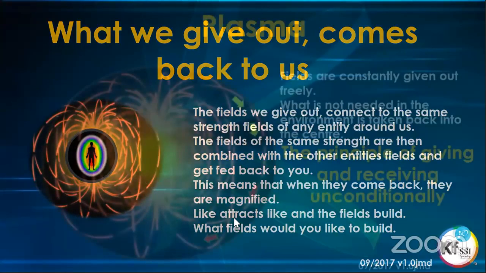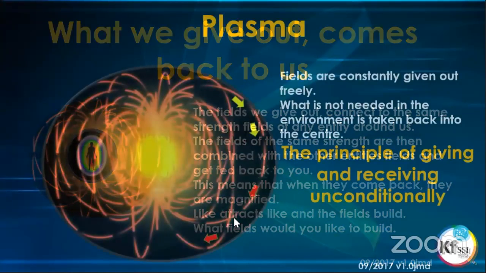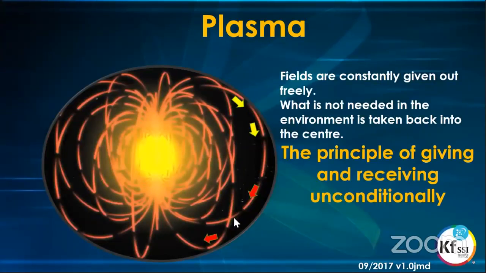So when we look again at the plasma, fields are continually given out freely, and what's not needed in the environment, or what isn't taken in by somebody else, is taken back into the center. The principle of giving and receiving unconditionally is how we need to see that.